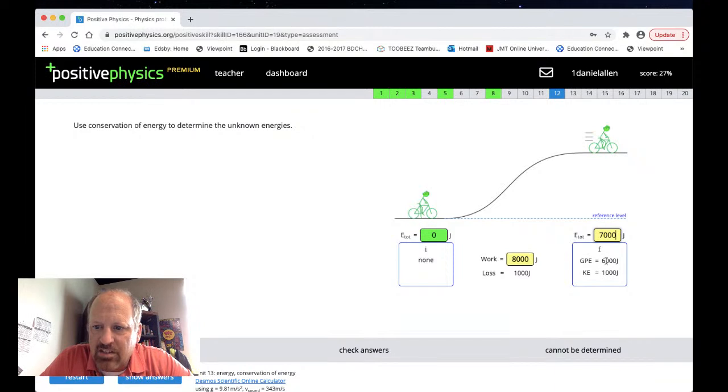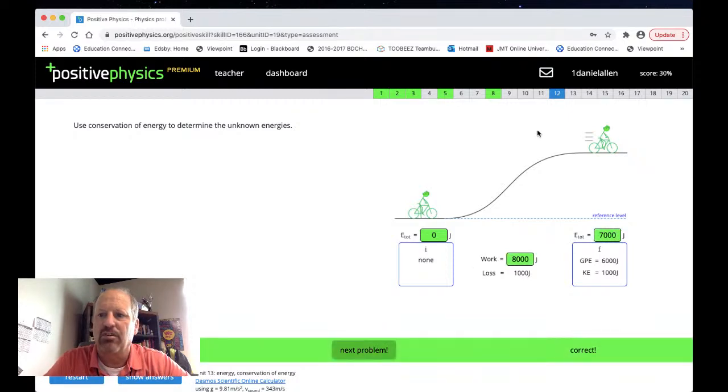So we have 6,000 joules of gravitational potential and 1,000 joules of kinetic because of the height and the speed. So there's 7,000 joules of total energy. 8,000 joules of work went in with 1,000 joules of loss, which would equal this 7,000 change. So checking that, yeah, that's what we're looking for.